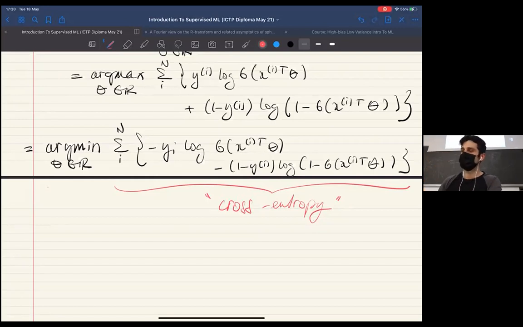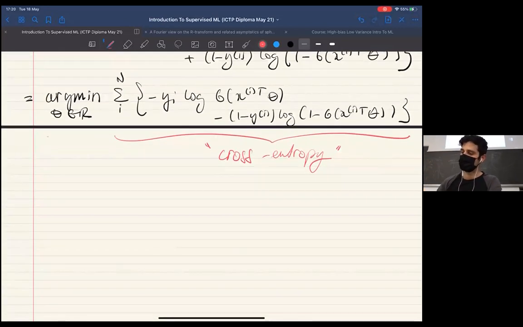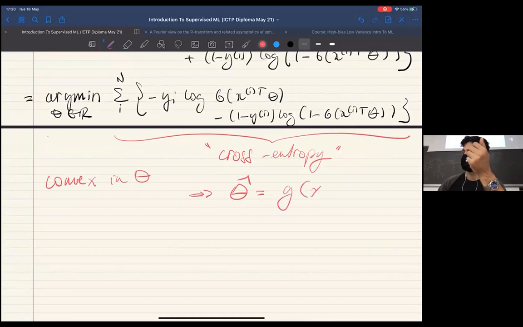By closed expression, I mean that, actually, this function is something you should check is convex in theta. So the minimum is unique, is well defined. But finding a closed solution means that you take the gradient of this cost function with respect to theta, you equate it to 0, and you can write down theta equals some function of the data.